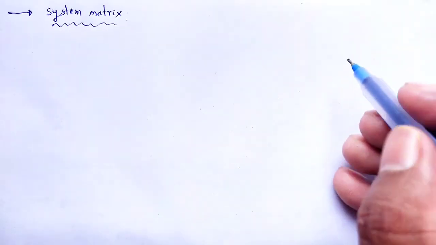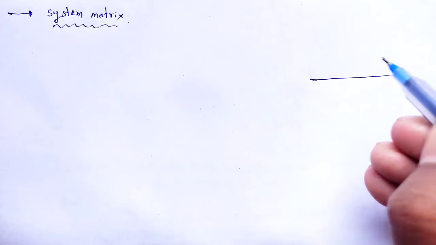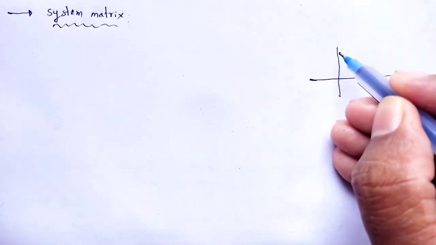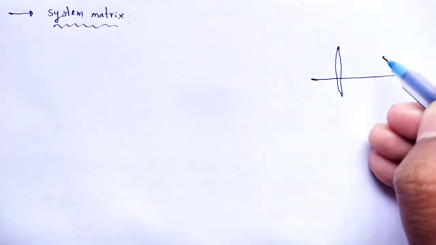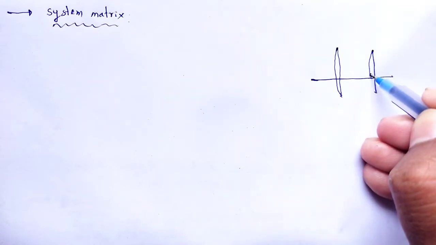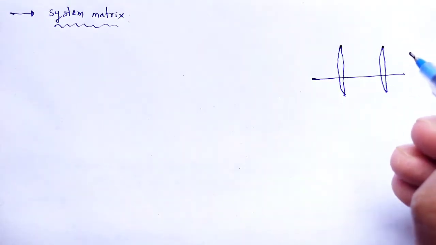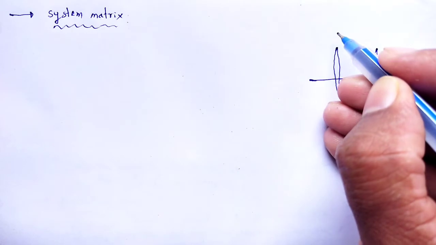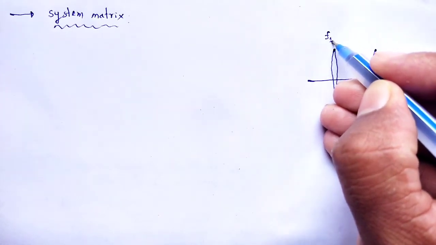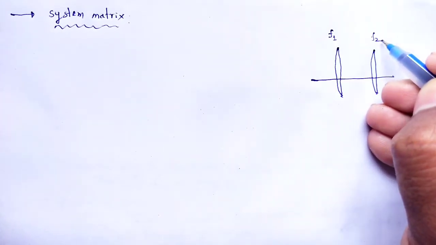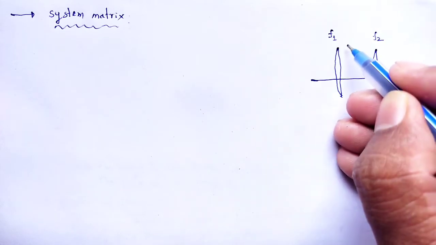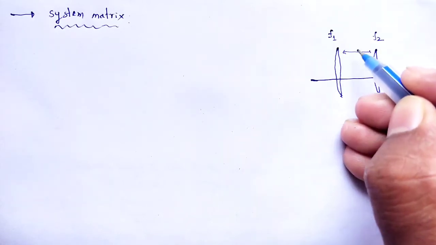Look here, a simple thing. If two thin lenses have the focal length f1 and the focal length f2, and these two are separated by a distance, let d.